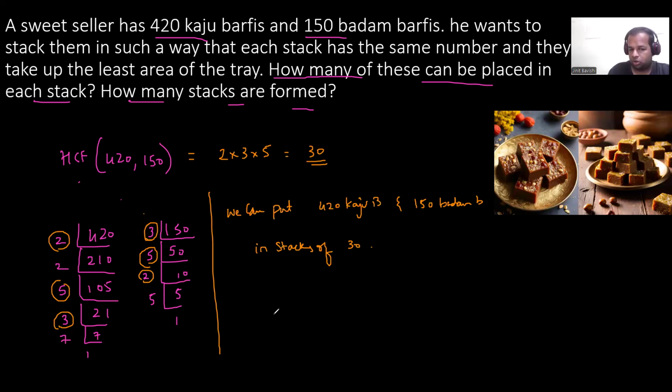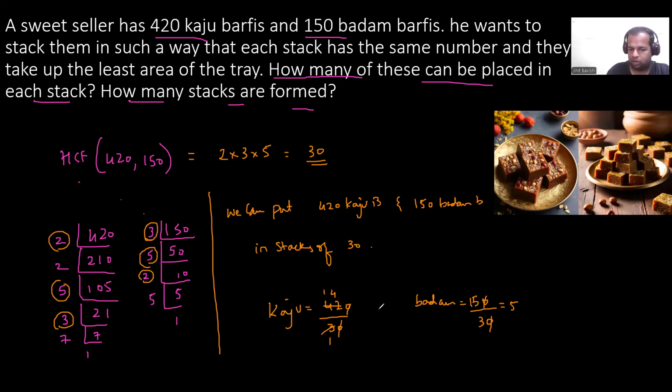For kaju, it's going to be 420 by 30, which is 14 stacks for kaju. For badam, it's 150 by 30, which is 5. Right?